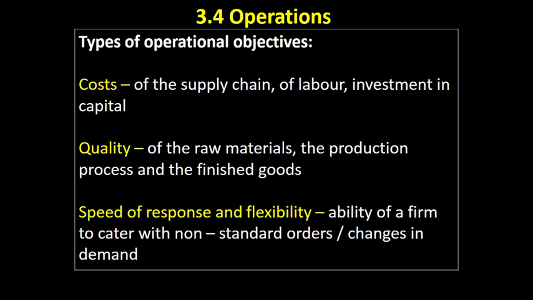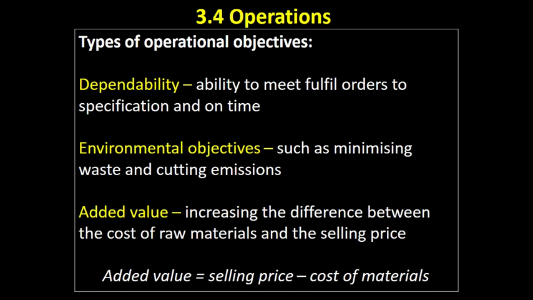Speed of response and flexibility is about can the firm deal with non-standard orders, something that's a little bit different? Can they quickly respond to a loyal customer who asks for a delivery the following day? An organisation may wish to improve its speed of response and flexibility, and so set some objectives about that.